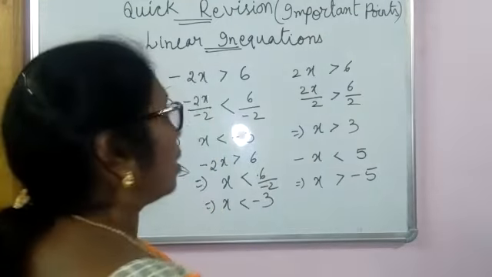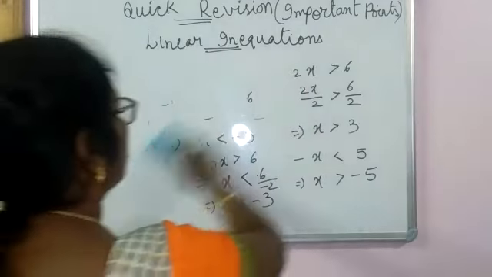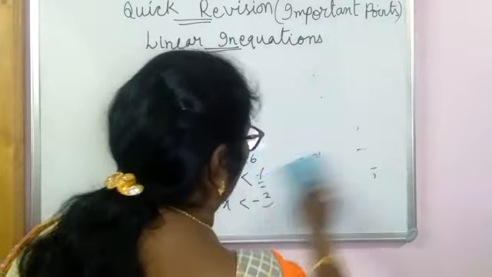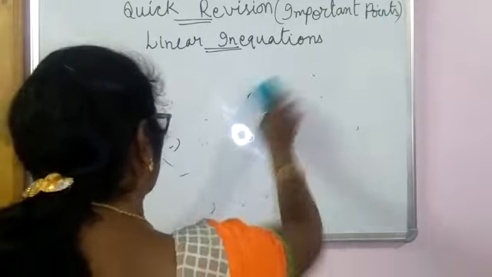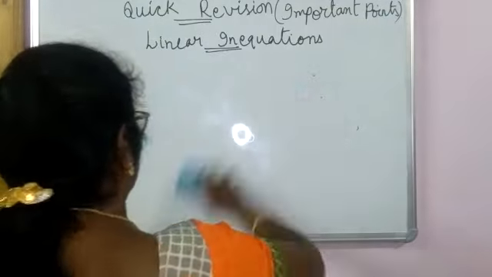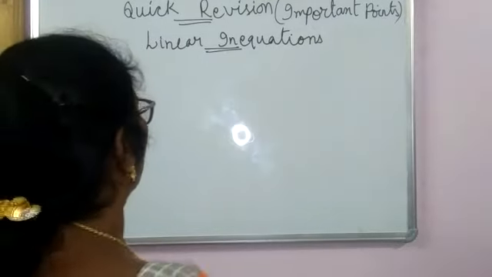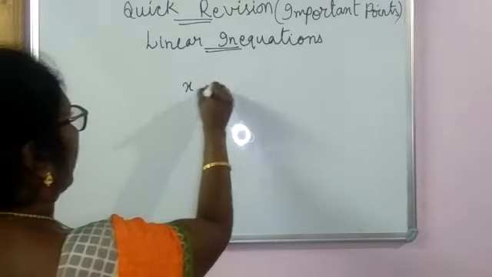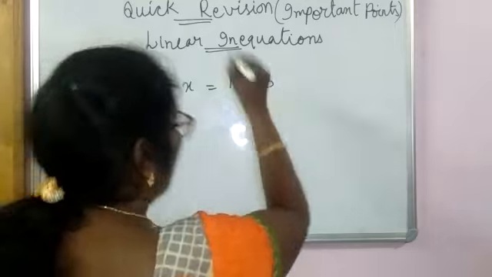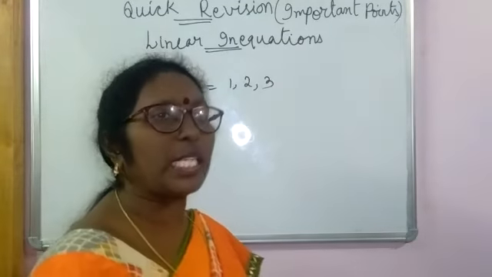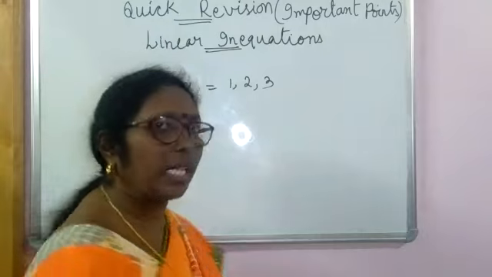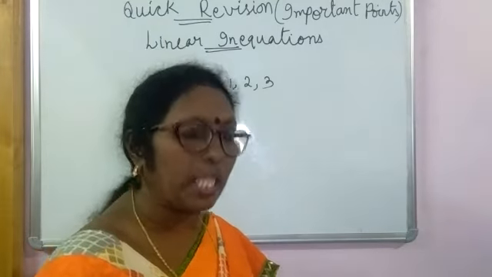And in linear inequations, you have to graph the solution set. Whatever solution you get, means the value of x you get. If the question is, find the solution, suppose you get the answer x equal to 1, 2, 3. If the question is, find the solution set, you know that the set is to be expressed.